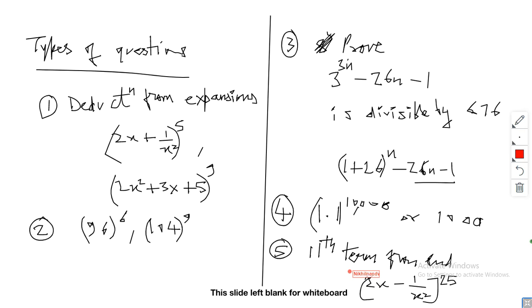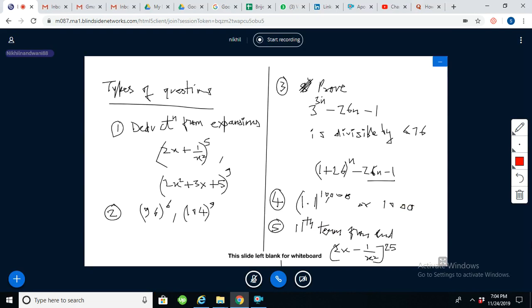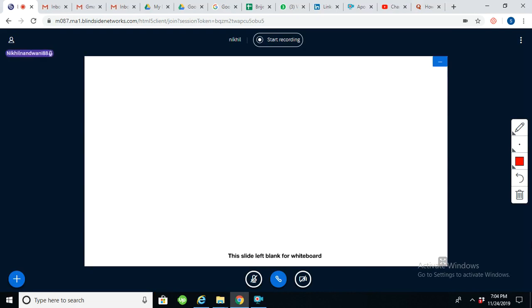Middle term, greatest term, and prove that types of questions. Go to the next.